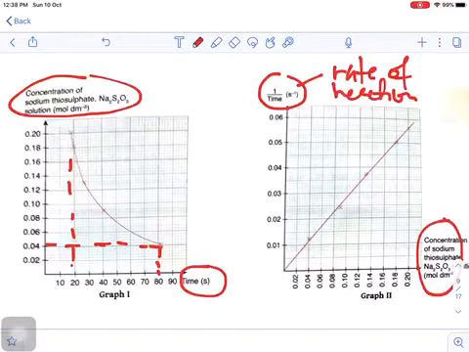So for example, if you want to get the rate for 0.12 mole per dm cube sodium thiosulfate, just draw a line and then find the y value here, because 1 over time is the rate of reaction.